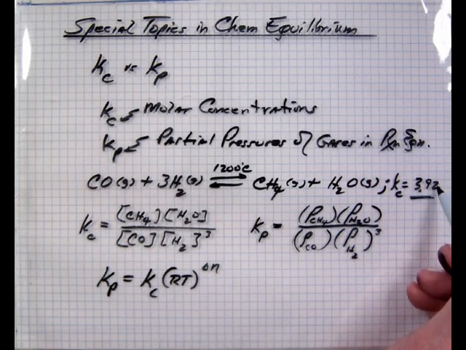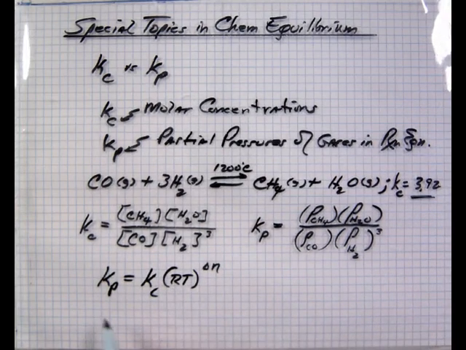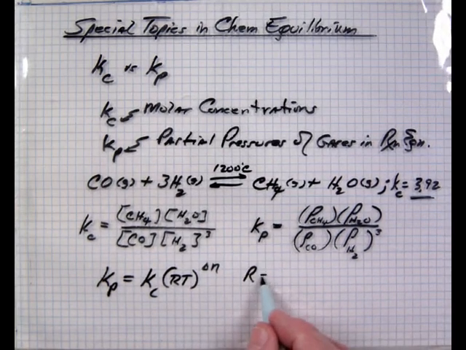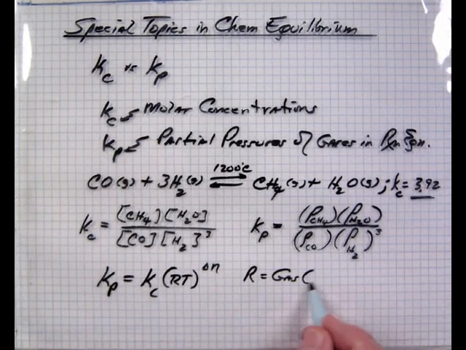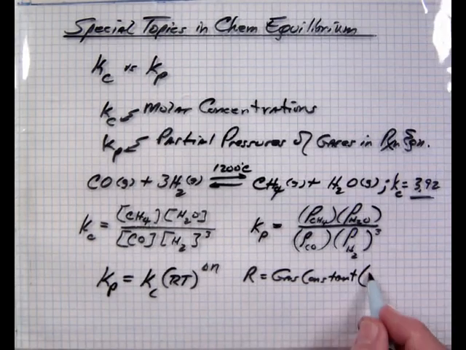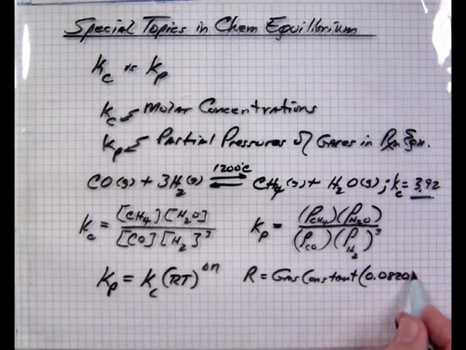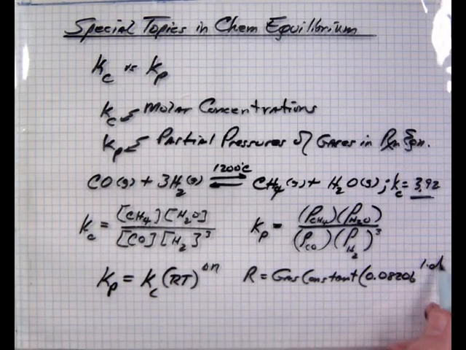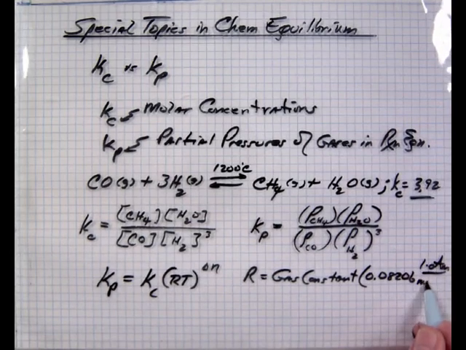Kc, of course, is the 3.92. R value is your gas constant, 0.08206 liter atmospheres per mole Kelvin.